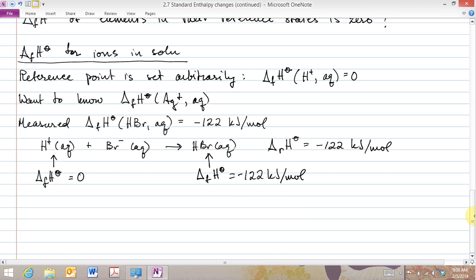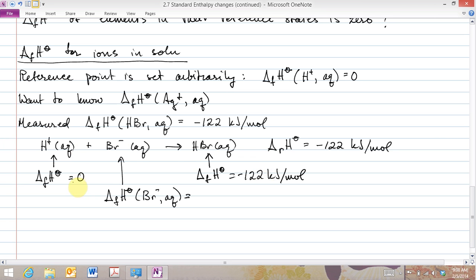Okay, well, what does that mean for the standard enthalpy of formation for the bromide ion? Both sides need to be equal to each other.